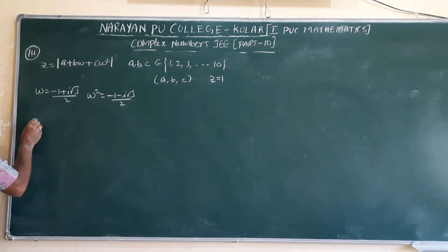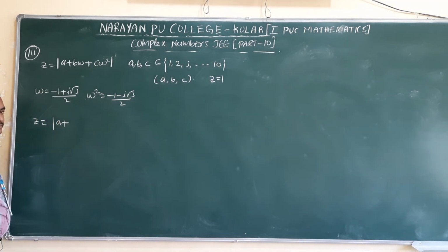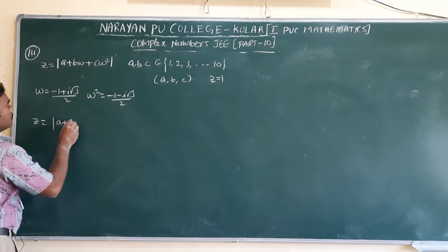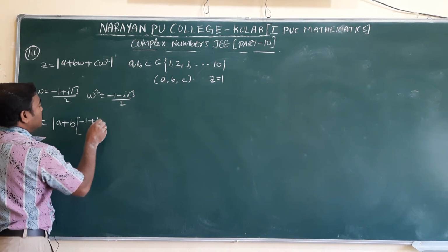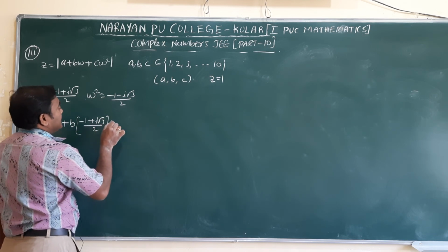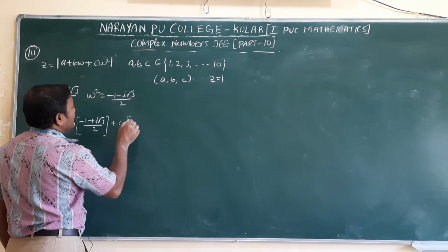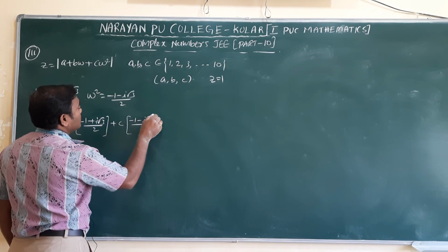Substituting, z is equal to modulus of A plus B into omega value, minus 1 plus i root 3 by 2, plus C into omega square value, minus 1 minus i root 3 by 2.